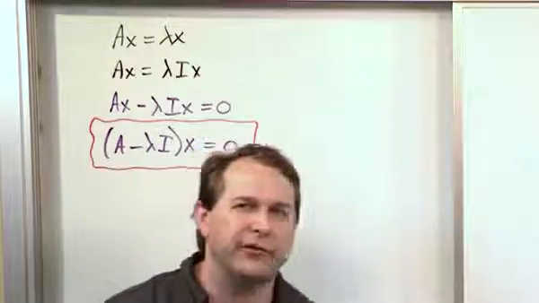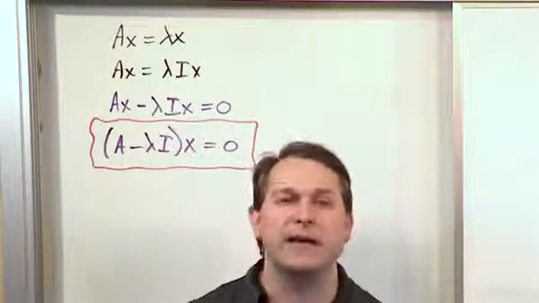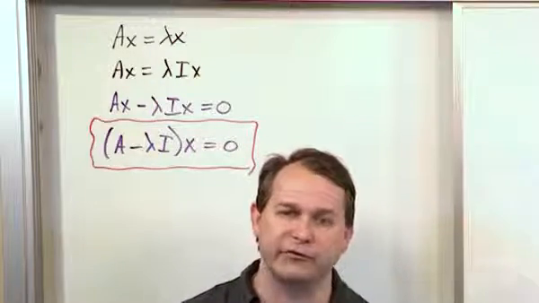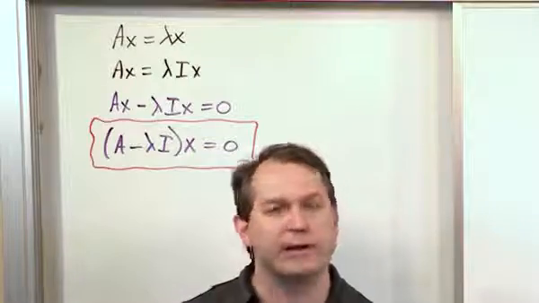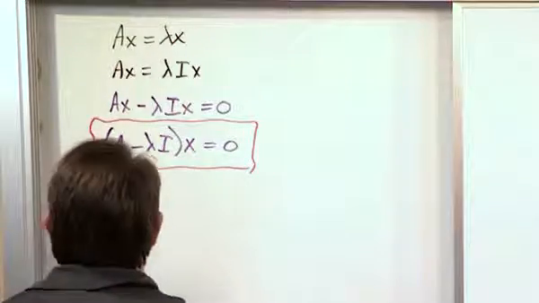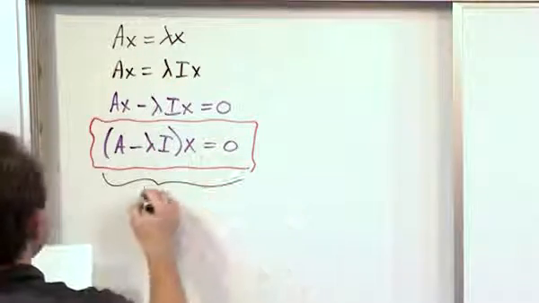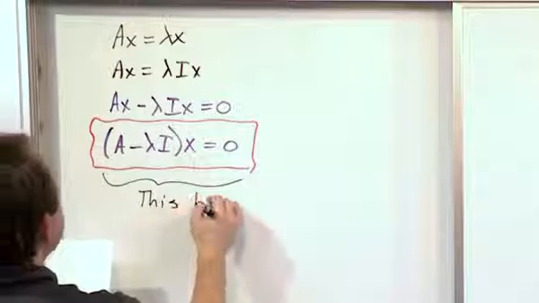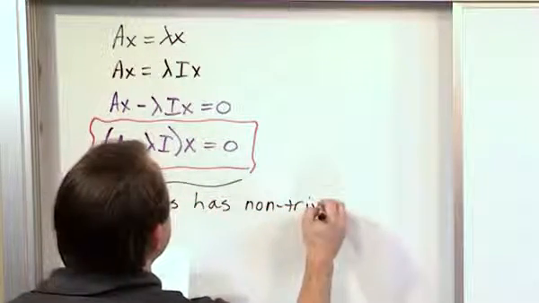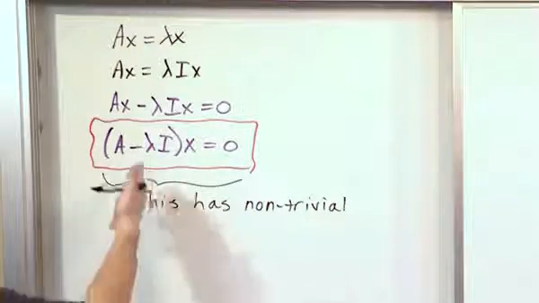And don't forget, I told you a few lessons ago that it would be important to have the test to figure out if a system of equations is going to have non-trivial solutions. This is one reason why it's important. Because I can say that this equation has non-trivial solutions. Remember, we don't care when everything is 0.